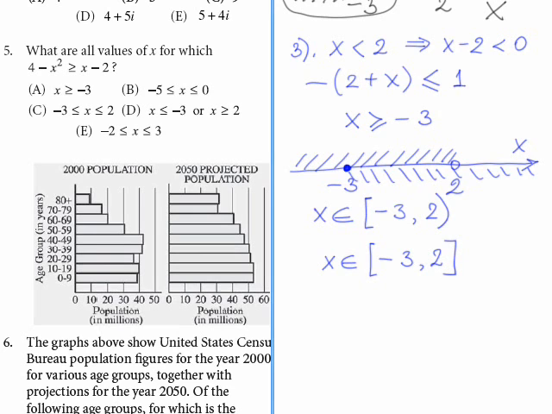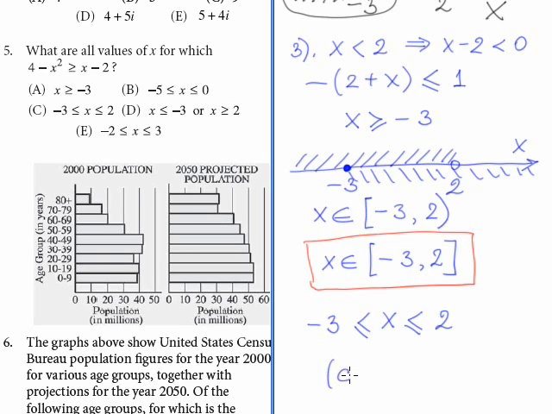So this would be our solution, and I can also write it as x is more or equal to minus 3 and less or equal to 2. So if we look at possible solutions, we find that C is the correct solution.